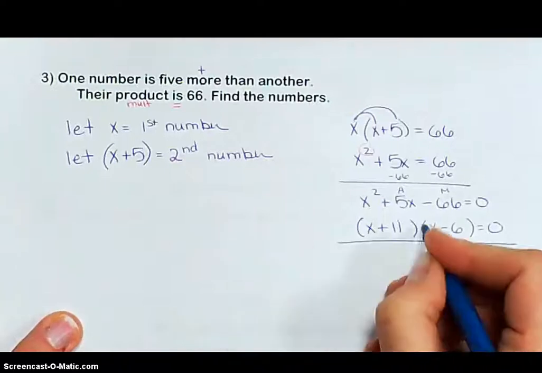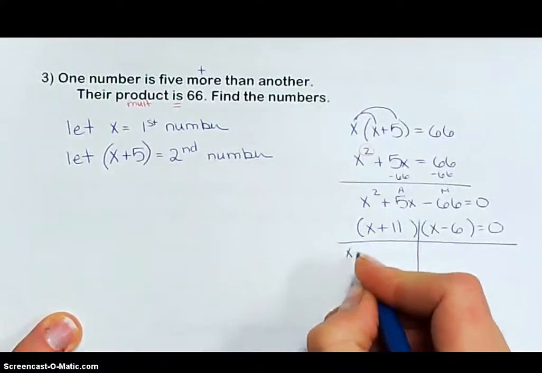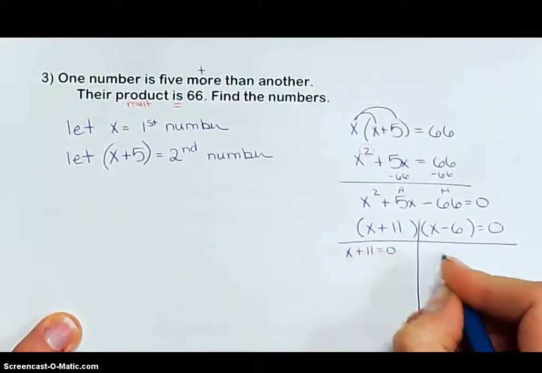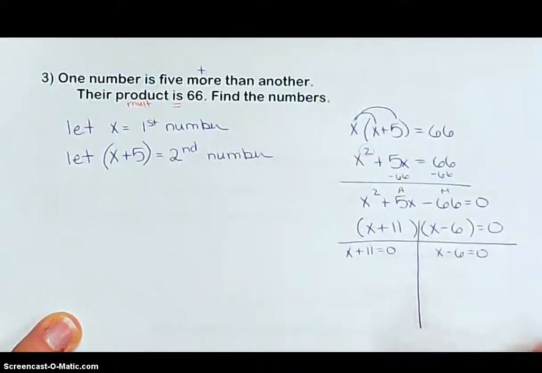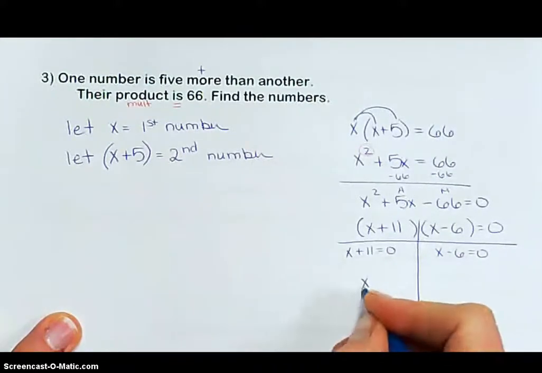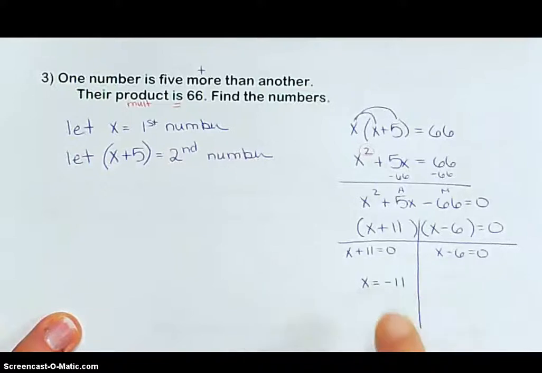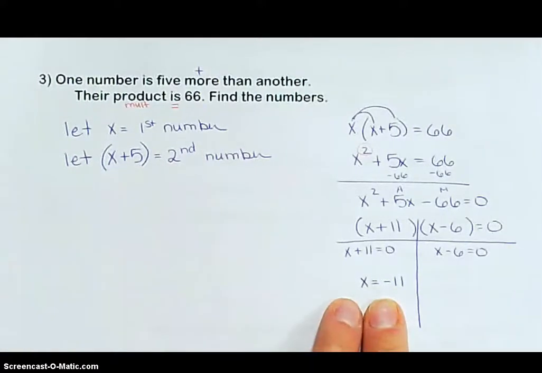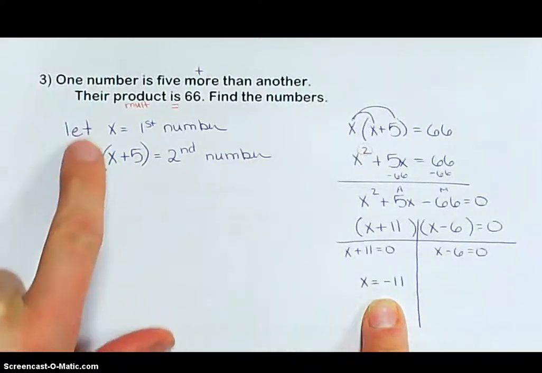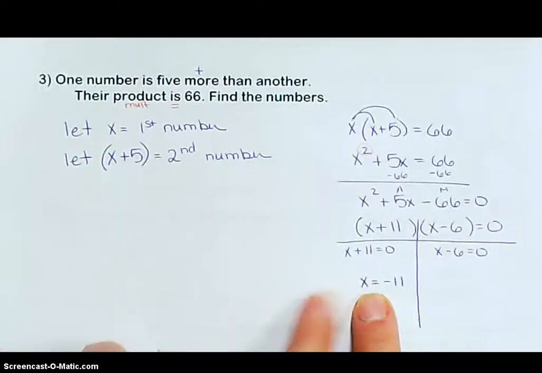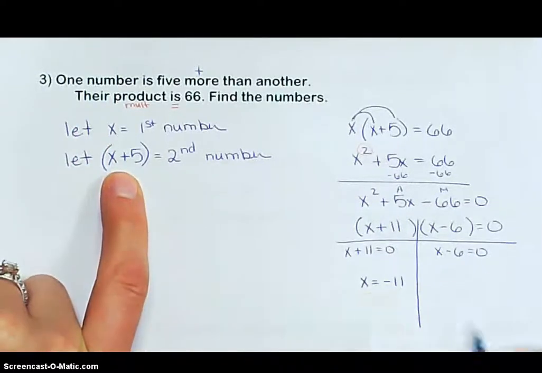So now we're going to tee it up. We set both parts equal to 0. Okay, so let's go ahead and we're going to transpose the 11 over, so we get x equals negative 11. But careful, we're not done yet. We found x, but remember there's two let statements. So underneath the x, now we have to find the second number.